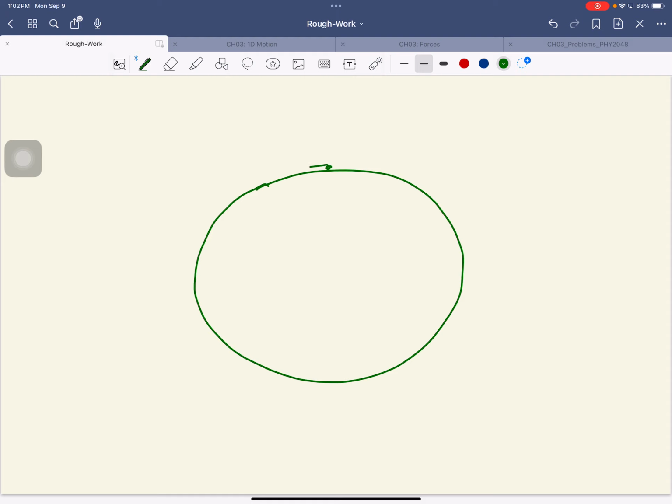Now I'm going in a circular road at constant speed. Let's say I'm going at 50 miles an hour. Am I accelerating? Velocity has magnitude and direction.